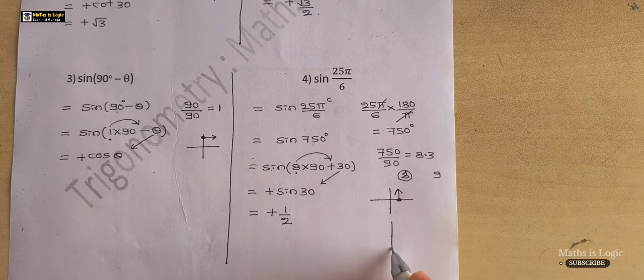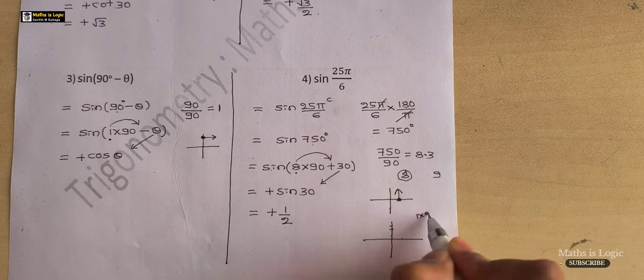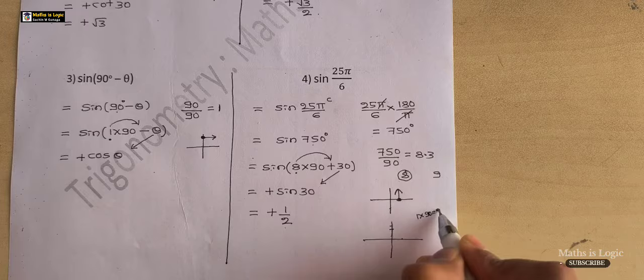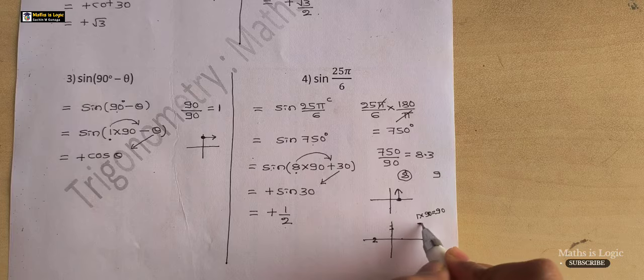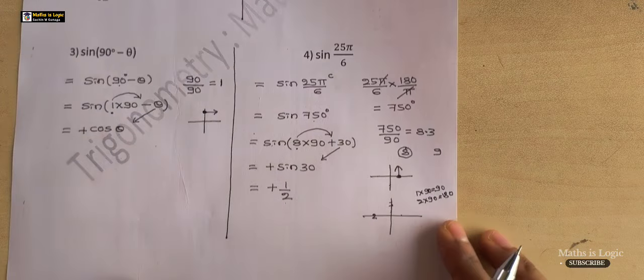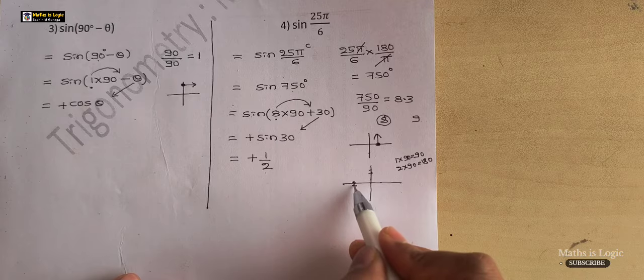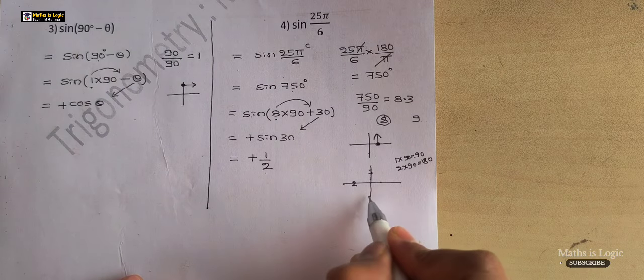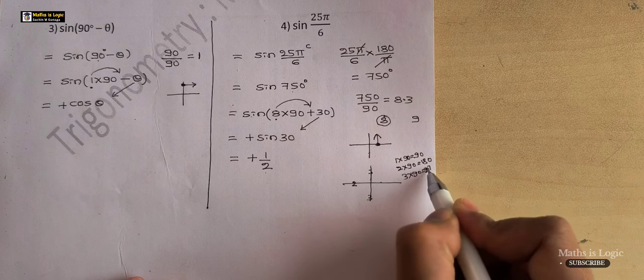Remember, while rotating, start with 0, meaning 0 degree. Here exactly 1 comes, 1 into 90 is 90 degree. Here exactly 2 comes, because 2 into 90 is 180. Here 3, so 3 into 90 is 270.